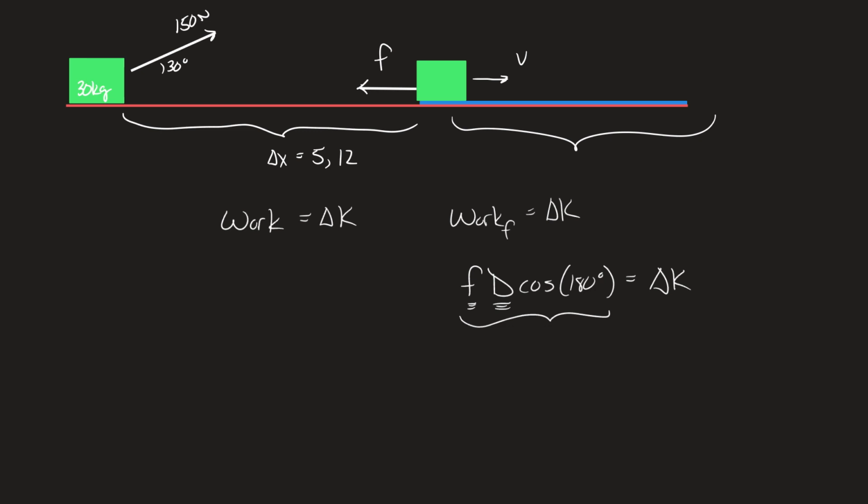Or, if it's the net work being done by that force, I can just find the change in kinetic energy. In order to know that, I have to know what the kinetic energy is at the start of the frictional patch and how much kinetic energy it has at the point where it stopped. Well, I think I know part of that. I think when it stopped, it's going to be 0. So I'm looking for how much kinetic energy it has at the start of the patch.